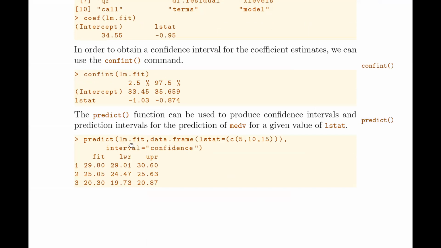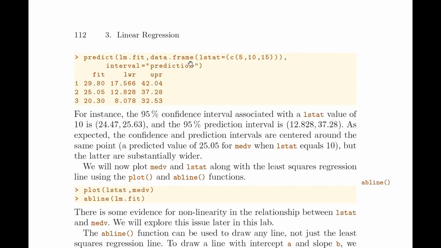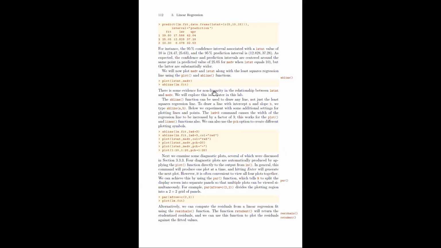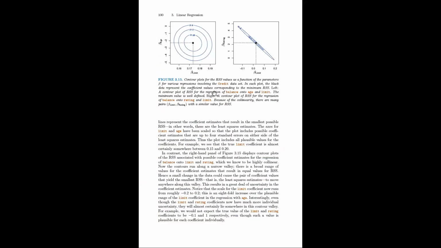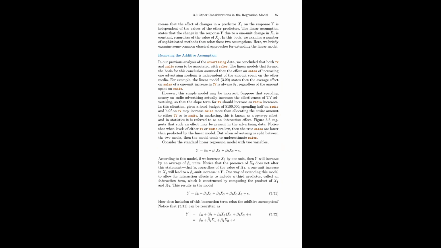Yesterday, after we fit our data, after we created this linear model, this multiple regression model, then we were predicting. And there are two types of predictions. This is where you say interval equals confidence and interval equals prediction. I'm not saying we need to understand exactly what they are today.